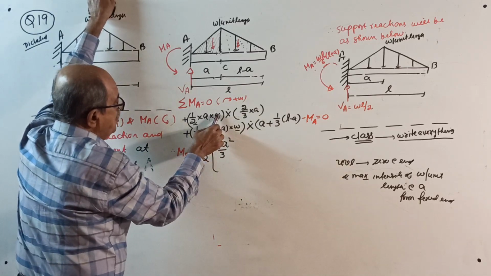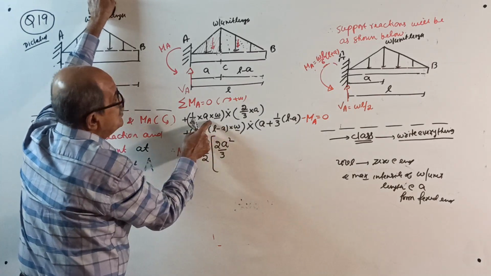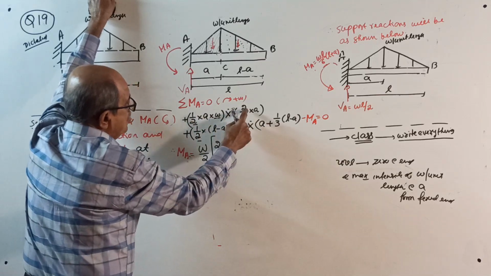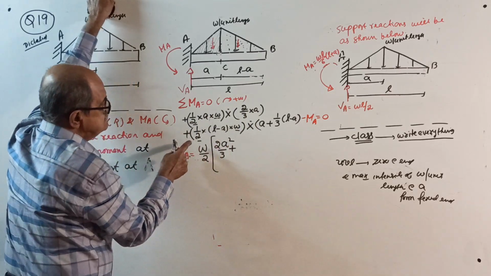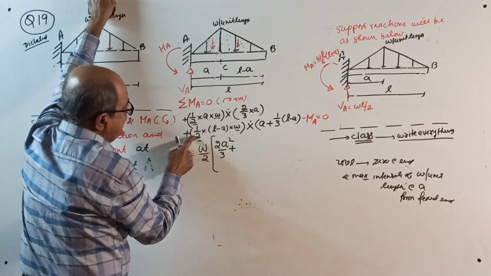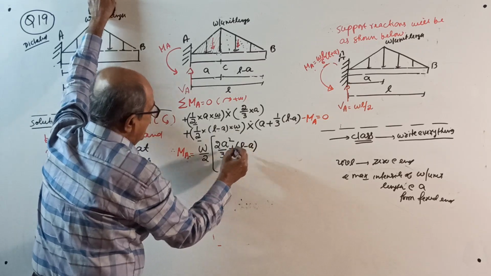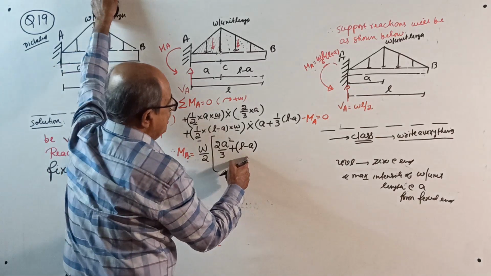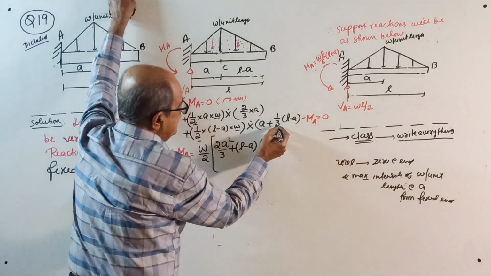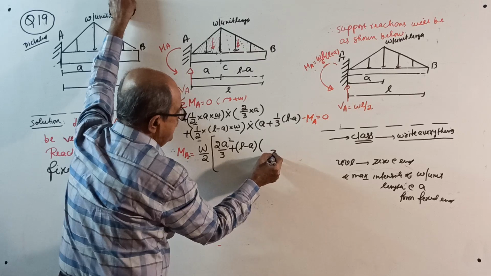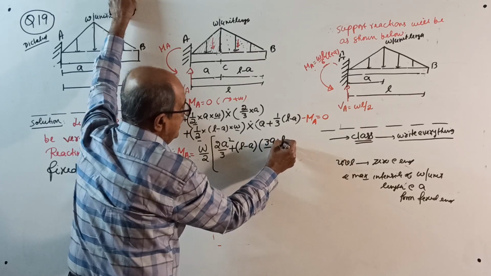Plus, here W by 2 outside, L minus A into bracket A plus L by 3. You take 3 as common denominator here, it is 3A plus L minus A.